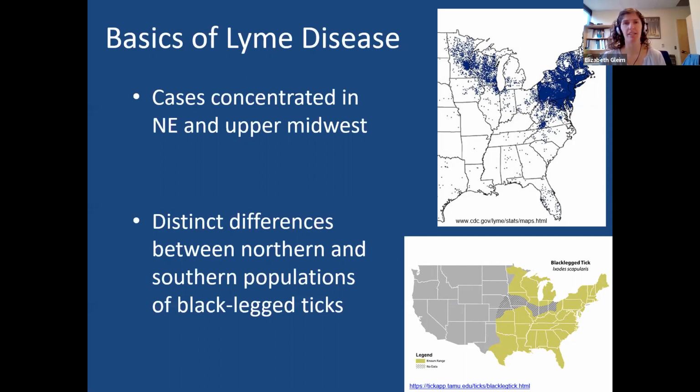Larvae do not carry the pathogen, and they're small. So it's really easy for a person to not see them, and therefore the tick is less likely to be removed and therefore successfully transmit the pathogen to humans. So really important that we're seeing these behavioral differences as well in the nymphs.